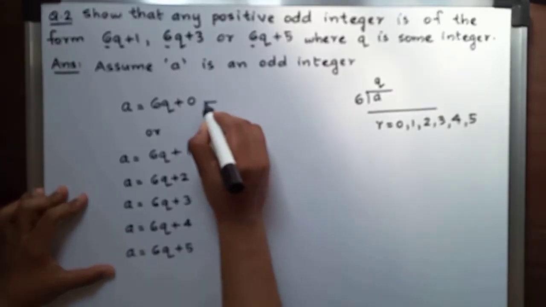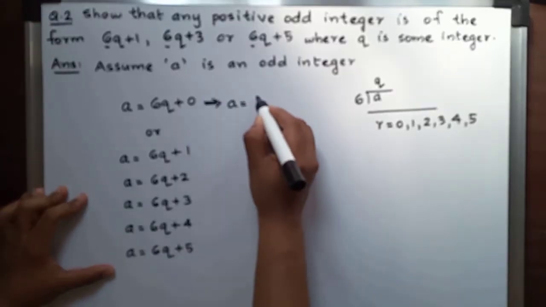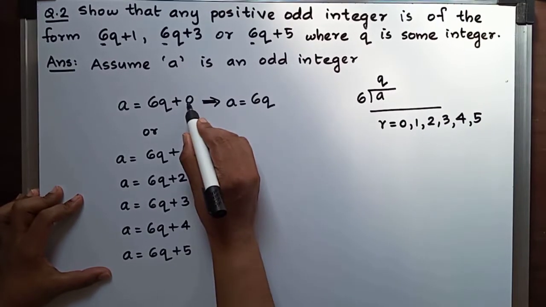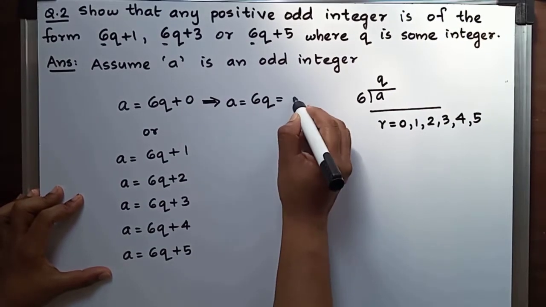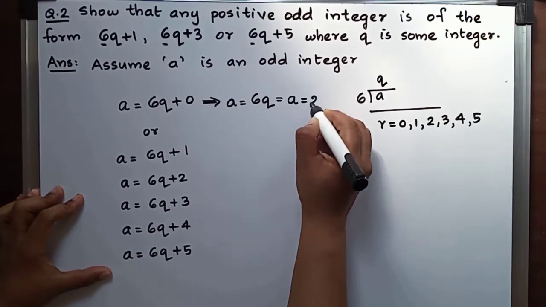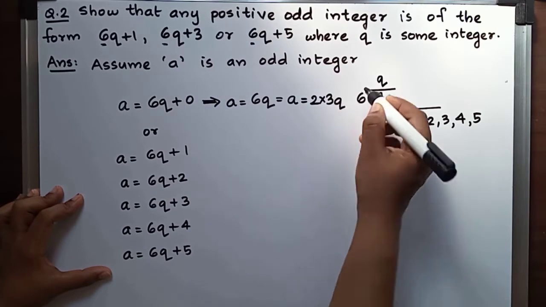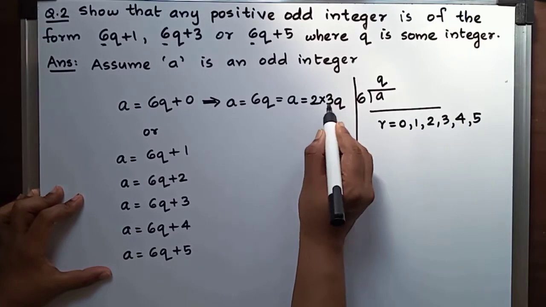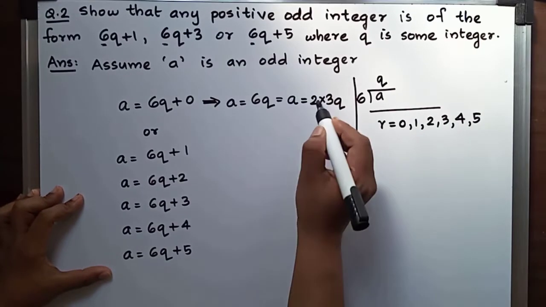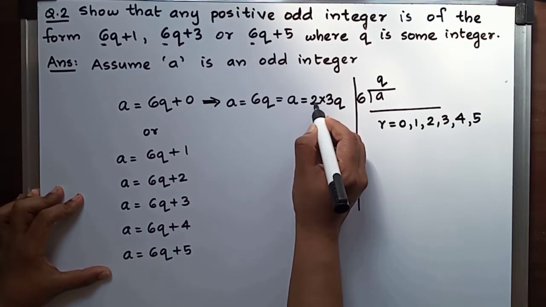Anyways, from here we get A is equal to 6q. Okay? 6q plus 0 is 6q. Now what is 6q? Actually, A is equal to 2 into 3q, right? 6q can be split like this, 2 into 3q. What does that mean? 2 comes here.